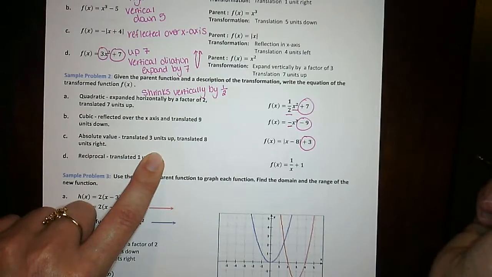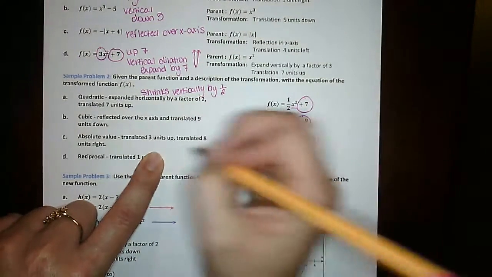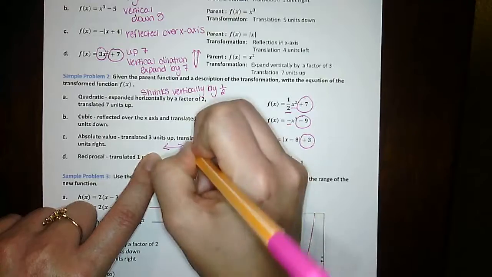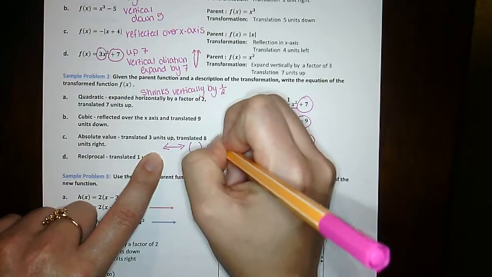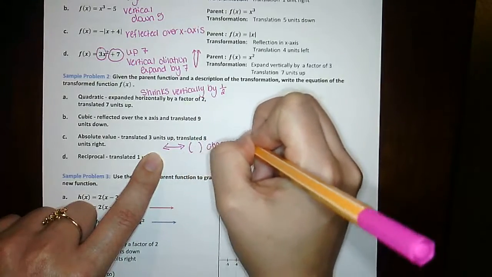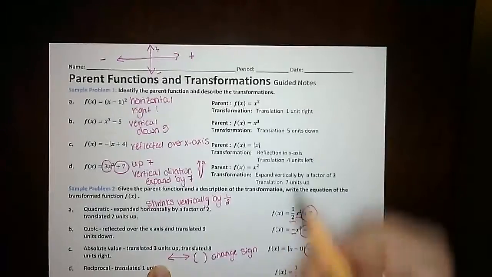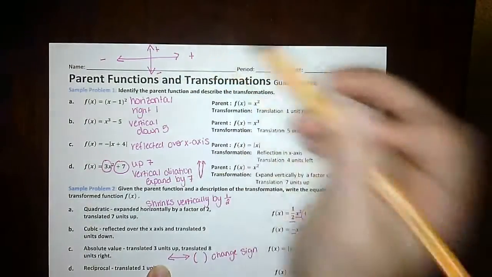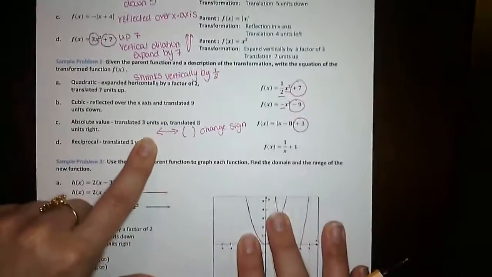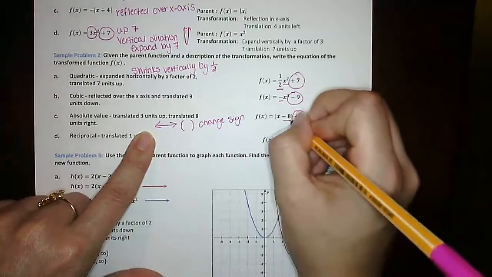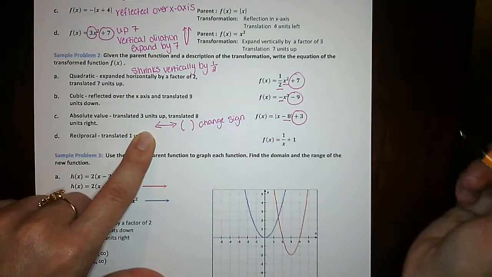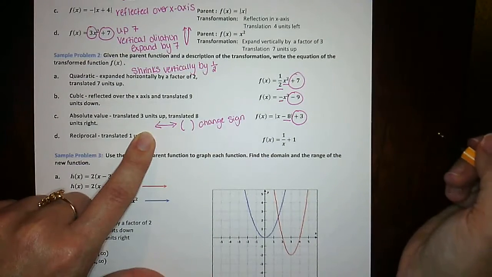And it's translated 8 units right. Remember, left and right goes in parentheses, and you change the sign. So since right is positive, instead of putting +8 in parentheses, we're going to put a -8 in parentheses, or in the absolute value sign.